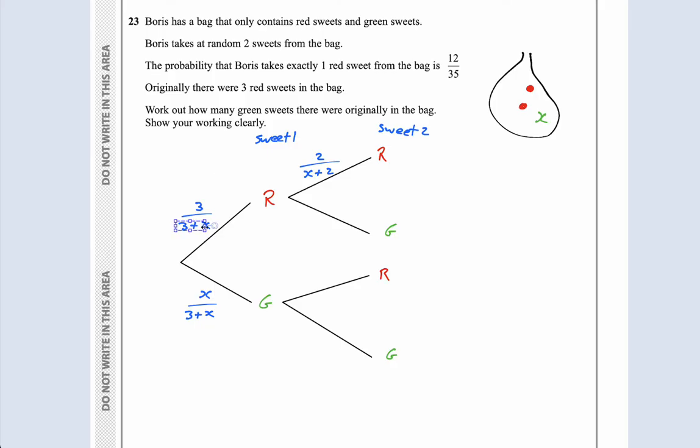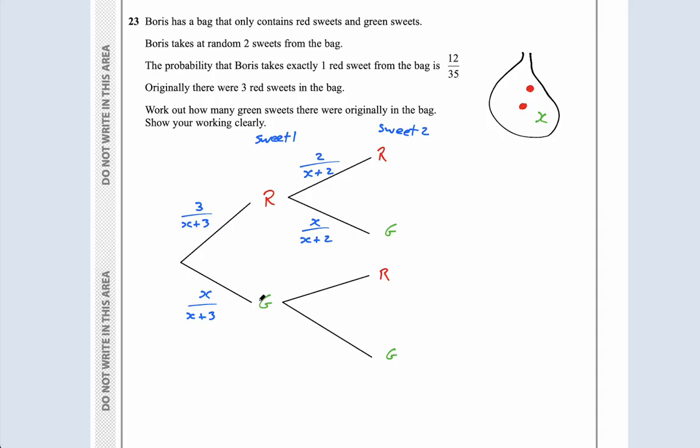It's still correct, but might look a little better. x plus 3, x plus 3, x plus 3. So there's 2, and now x plus 2 in total. Similarly, if I take a red, there's x green still, and it's out of also x plus 2.